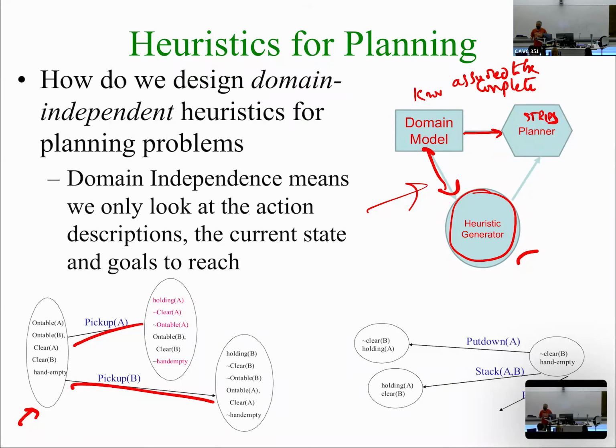That way you can solve the domain model if you ignore, for example, negative interactions, which is what the planning graph does. The simplest planning graph ignores the negative interactions. And if you can find a path in that domain, that will be a lower bound in general. It's a good heuristic for pushing the base level planner, which is working in the full domain.